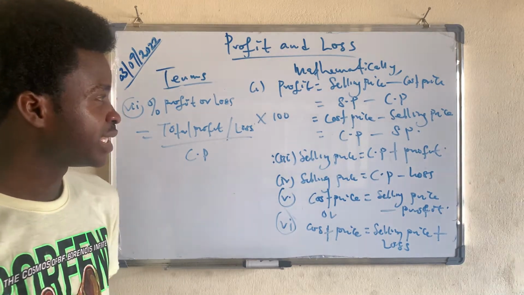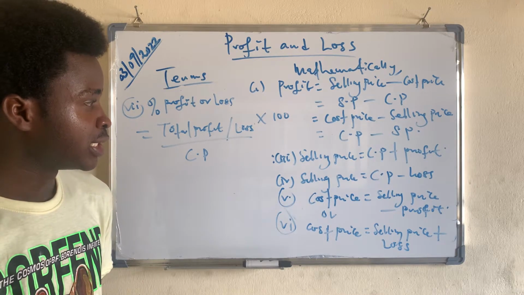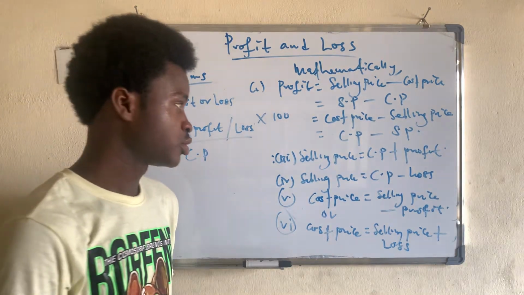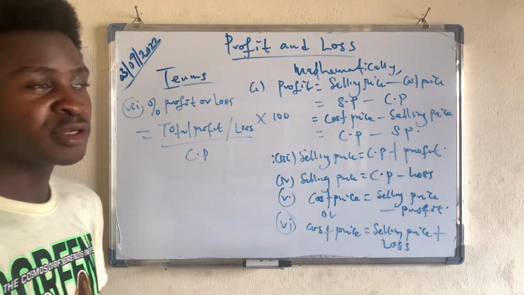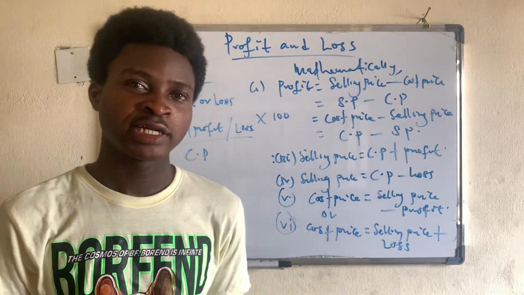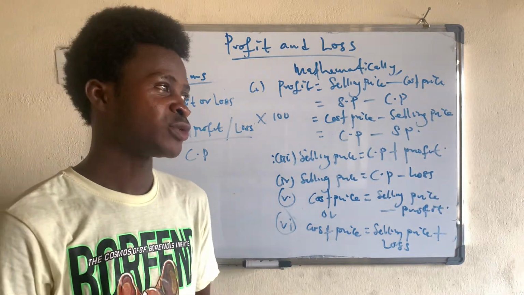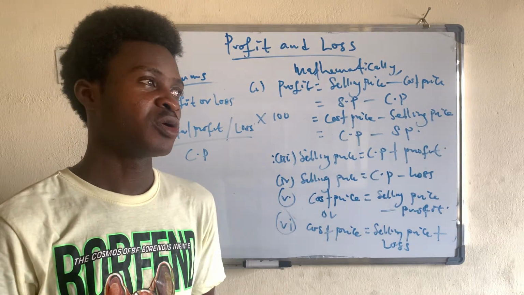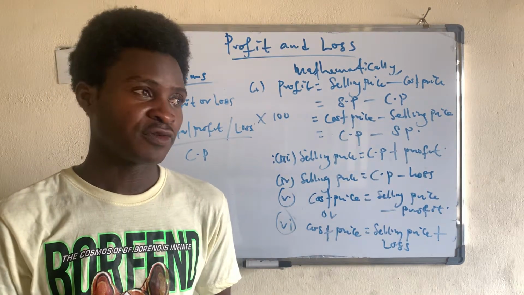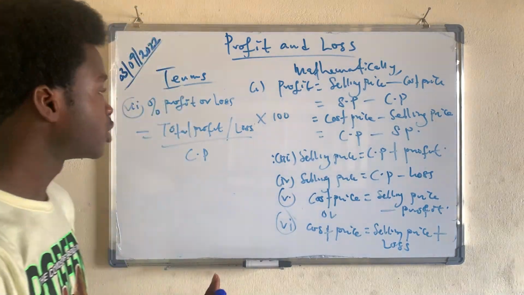Quickly I will take one more part of this, and then we end it for this class. We also have cases where we will be required to find either selling price or cost price, where we are given a percent of profit in the question, or a particular percentage of loss or profit.